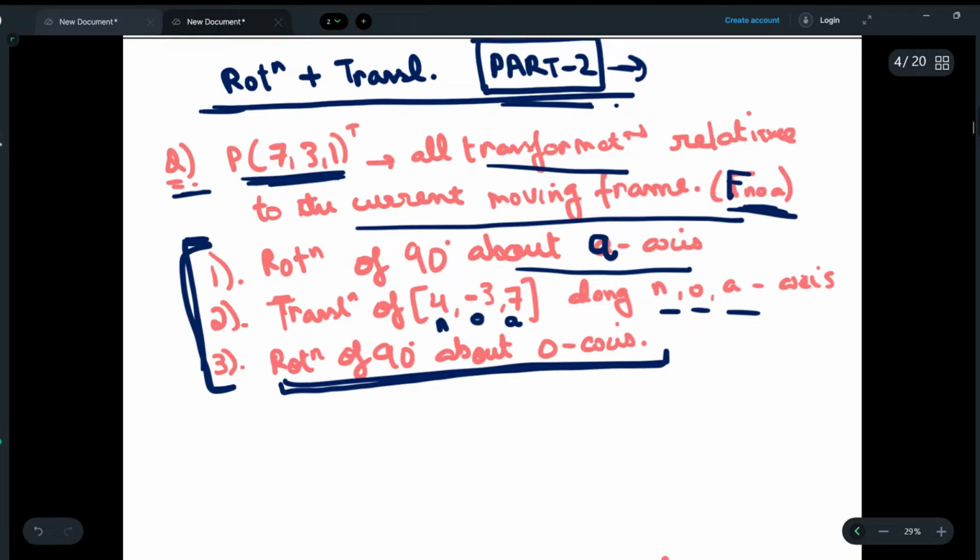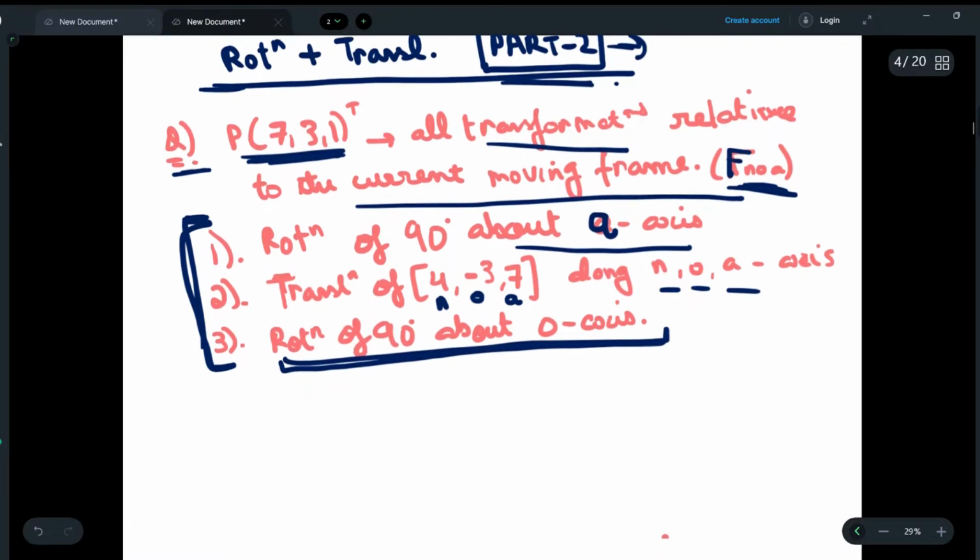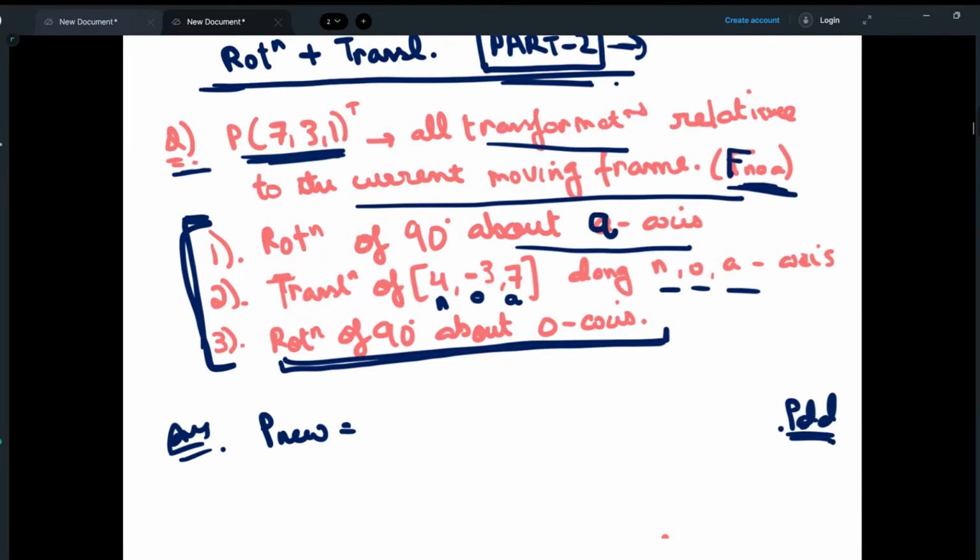So now let us see what part is different in this question from the part 1 question that we did earlier. So now let us write the answer first. So we have to find P new, and we know that the value of P old will always remain at the end, as I discussed earlier. So now the change over here is that we will write the transformations in the order as they are given in the question.